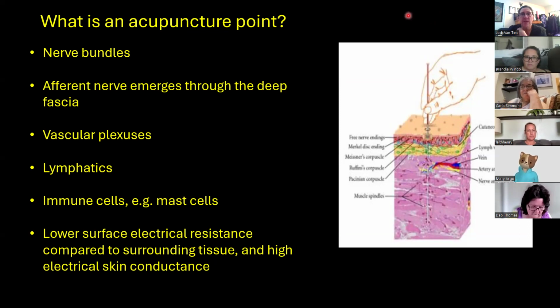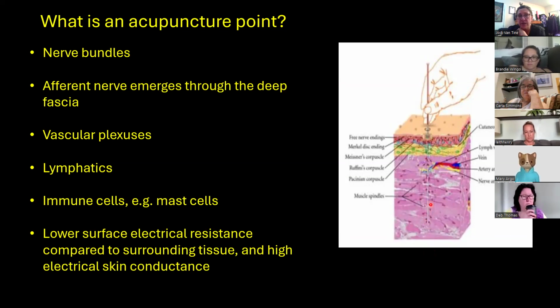It's not a really unique structure in and of itself. There's nothing unique about an acupuncture point other than it is an aggregation of specific tissues. There are nerve bundles in here. There's what's called afferent nerve. Afferent means towards.